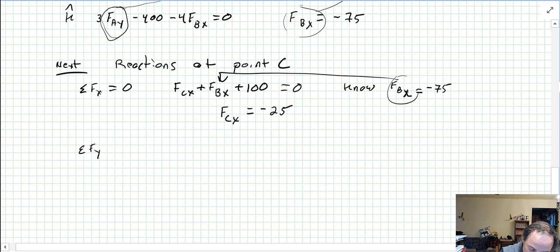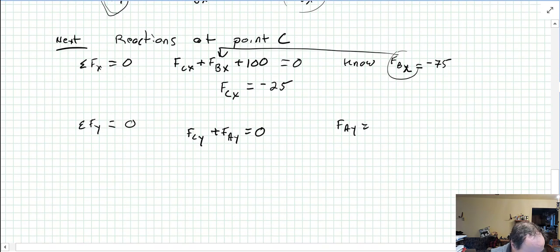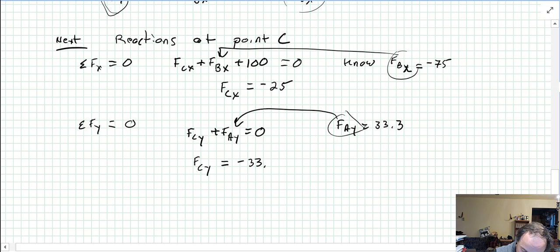Sum of the forces in the Y direction is 0. In the Y direction, it's FCY plus FAY equals 0. So again, FAY we found earlier on, we found that to be 33.3 from our last adventure. That goes in here. So FCY must equal a negative 33.3.